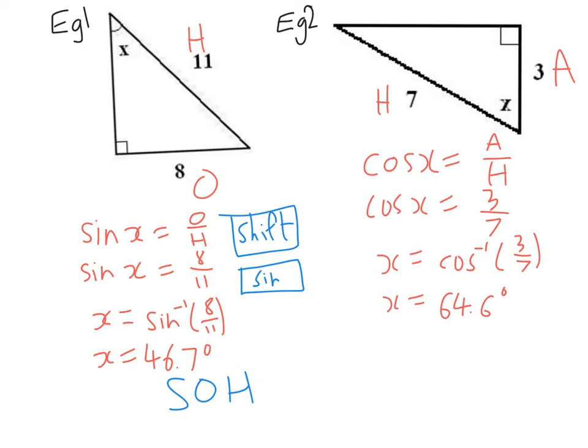And if you've got A and H labeled in your diagram, you'll use cos. Now you'll not obviously have a C or an S in your diagram, but O and H is here, so sine. A and H is here, so cos. Make sure you use the right function today.